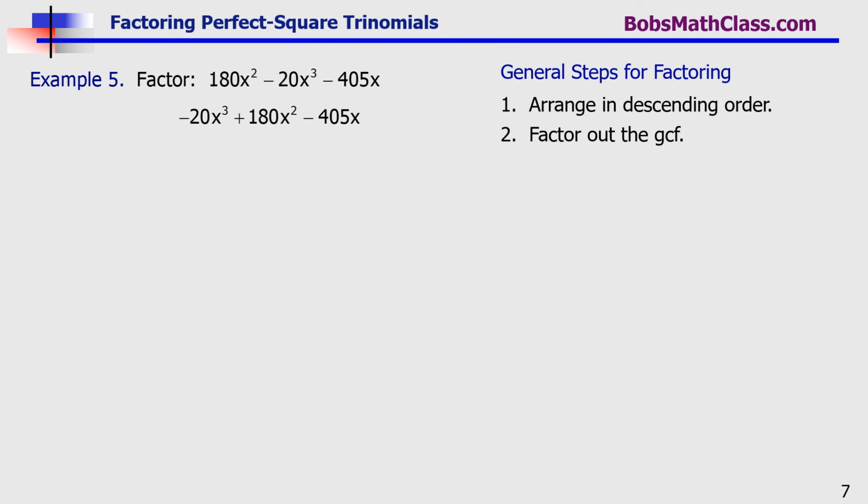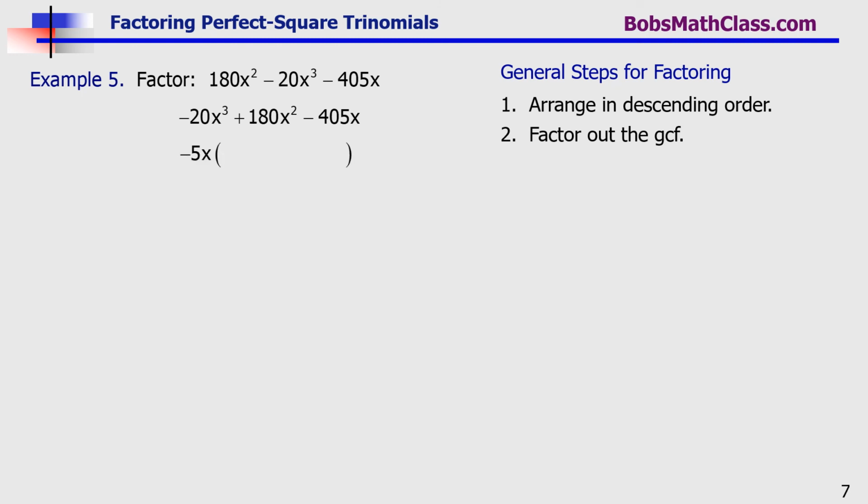Now our GCF. What is our GCF? It can't be a 10, because 10 doesn't go into 405, or a 20. Probably just the 5, right? Yes, looks like just 5. Oh, and an x. So 5x. Oh, the first term is negative, so it's a negative 5x.